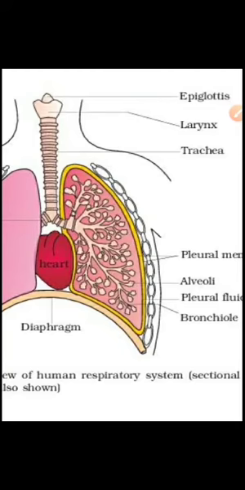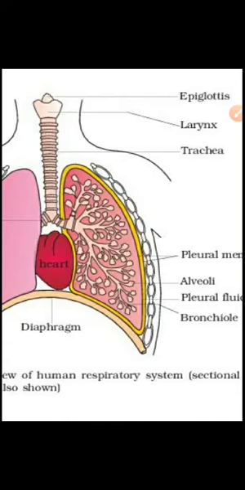Another opening is to the respiratory system. One is the oropharynx, another one is the nasopharynx. Oropharynx goes to the esophagus, nasopharynx goes to the respiratory system, that means trachea, lungs.